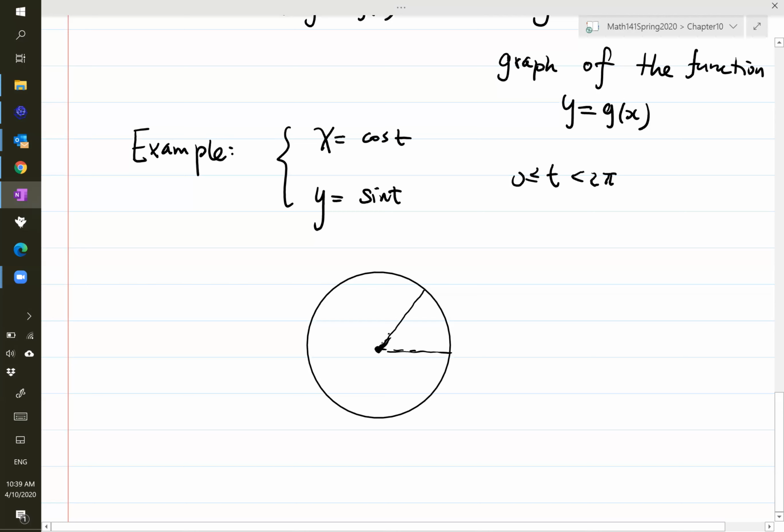This is the x coordinate, and this is the y coordinate. Okay, the point P, sorry, let's use Q. It's more standard to use Q.